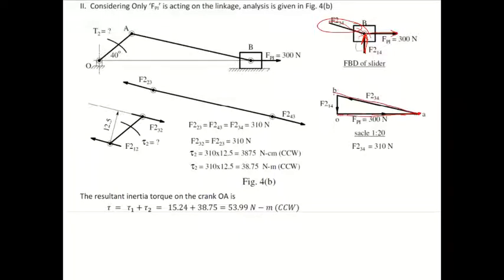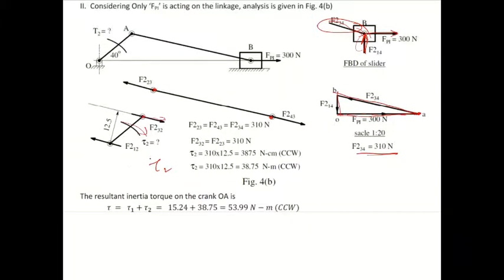Then draw this vertical line. So the diagram is over. F234 is 310 Newton. That's what I need. The same F234, that is F23, will be acting at this point. So now you get the torque.